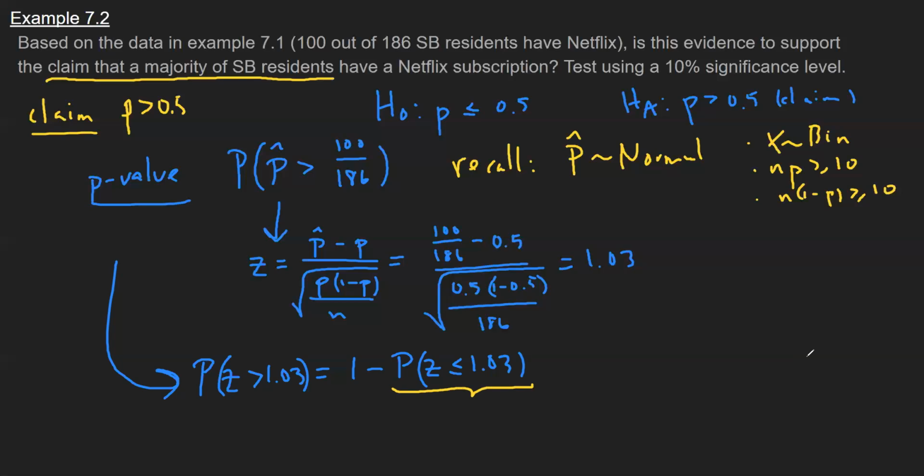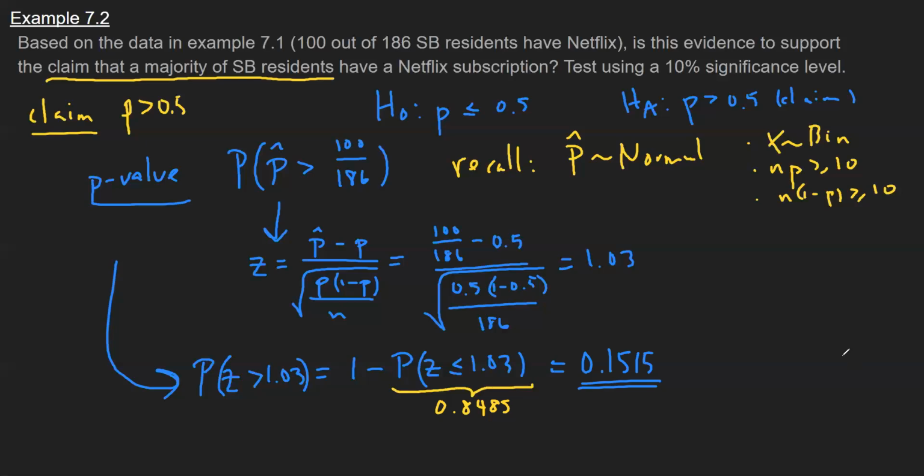Give me a second, I will look this up. It appears to be 0.8485. So finishing this up, I get a p-value that is 0.1515.